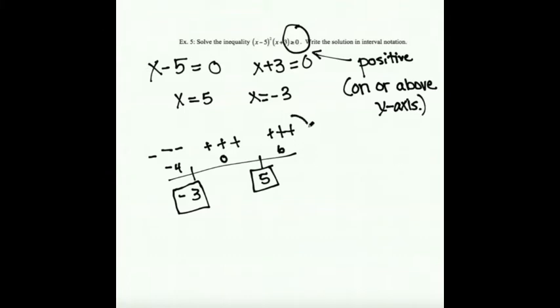So that's going to be this section and this section. Okay, so let's write those two sections out. This first section is from -3 to 5, and since it's on or above the x-axis, we're going to include those values. So that would be -3 to 5. Union, the next section is 5 to infinity, and again, we're going to include 5.